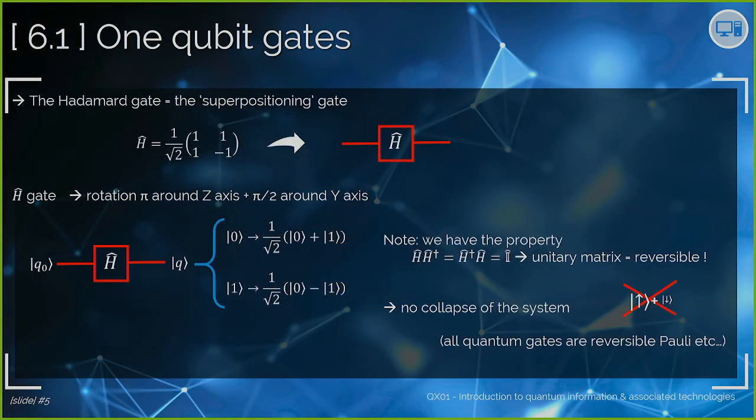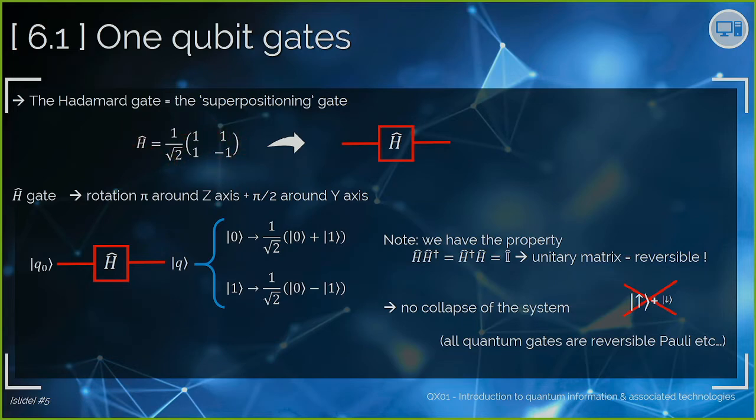So another gate that we have not really seen so far, not to be confused with the Hamiltonian, is the Hadamard gate, which we call H. So again, this is not to be confused with the Hamiltonian, which we said is representing the energy of the system. Here it's a gate, a particular gate, so you can see the matrix here.